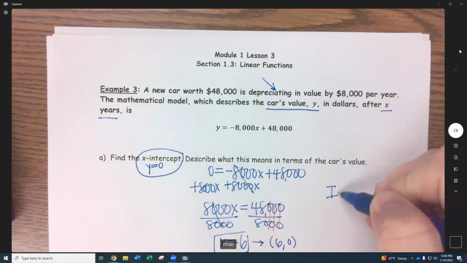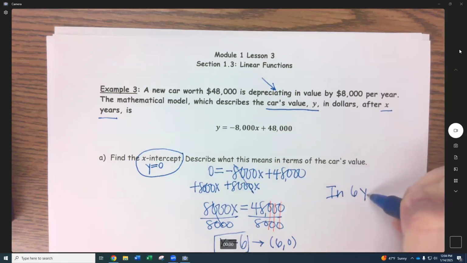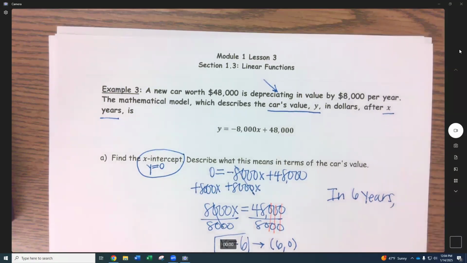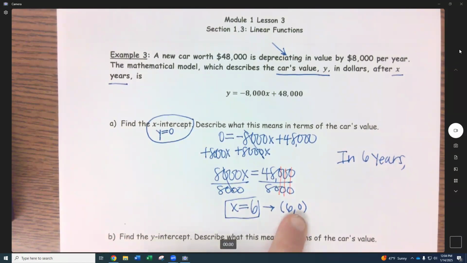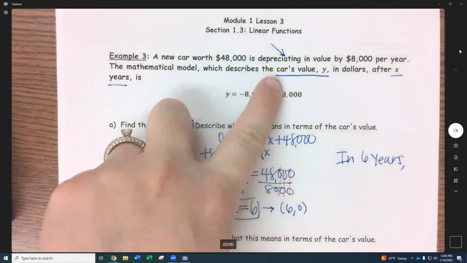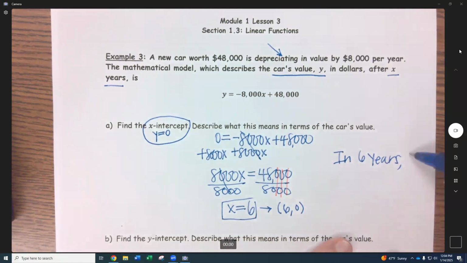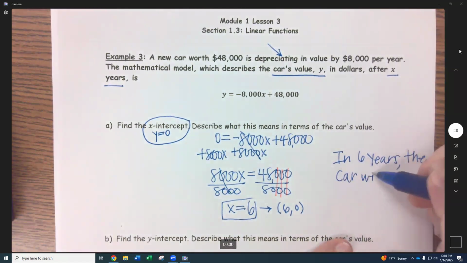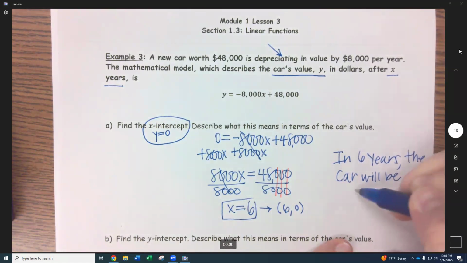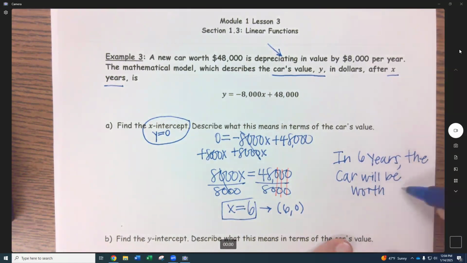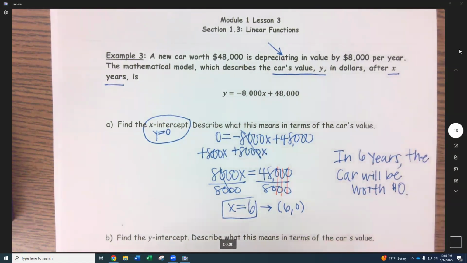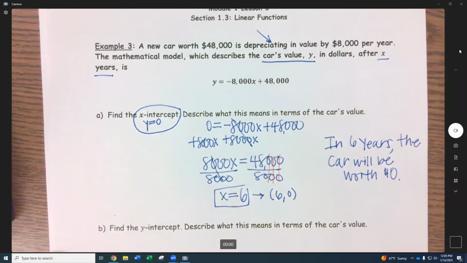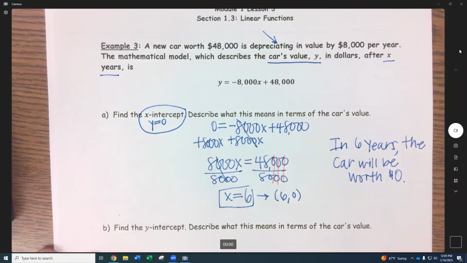So in 6 years, what does my y represent? Y is my car's value. The car will be worth nothing, $0.